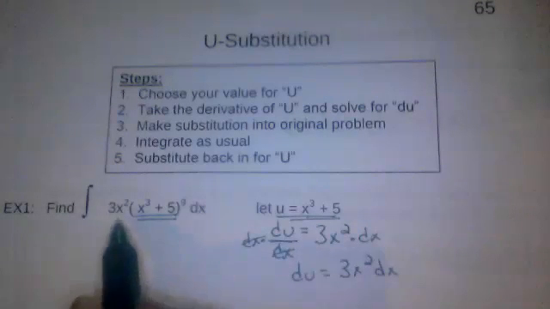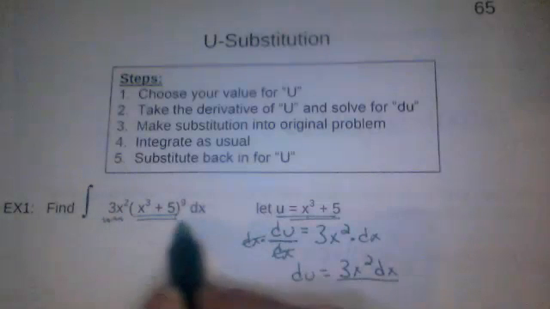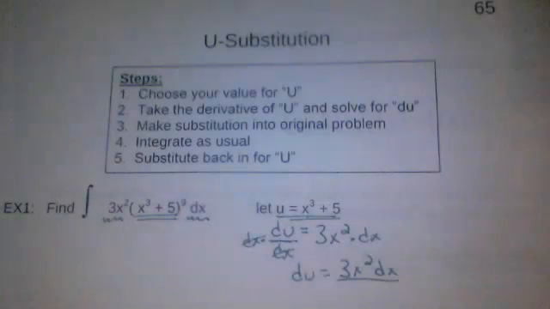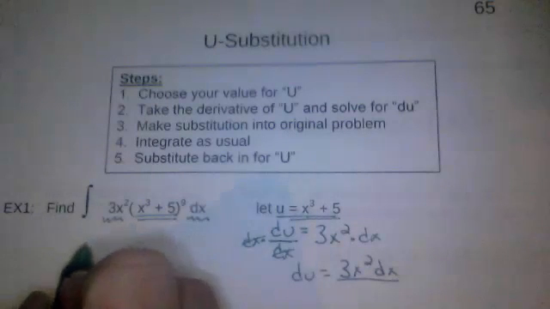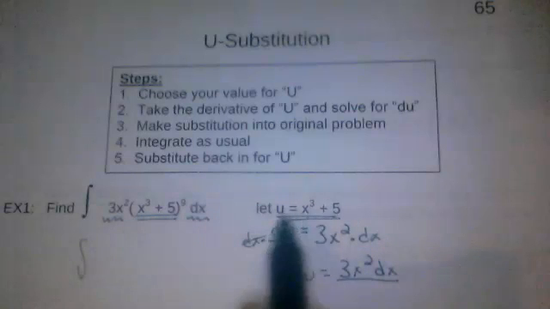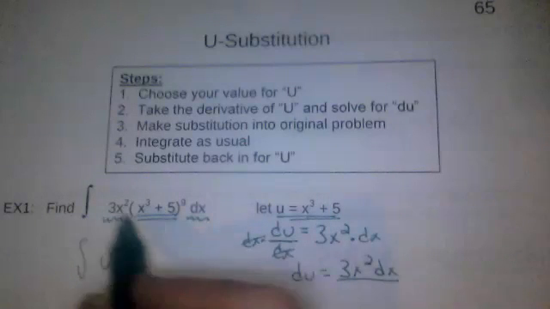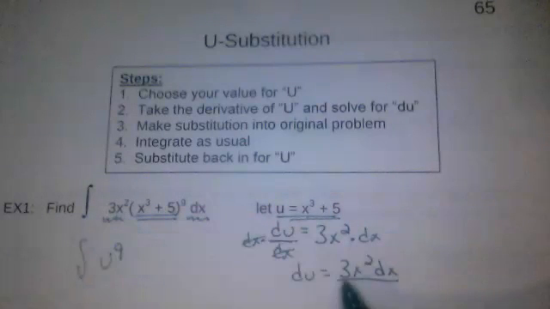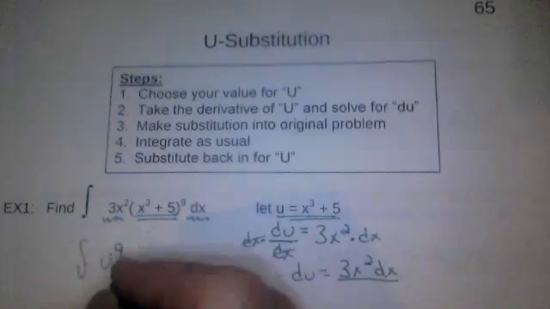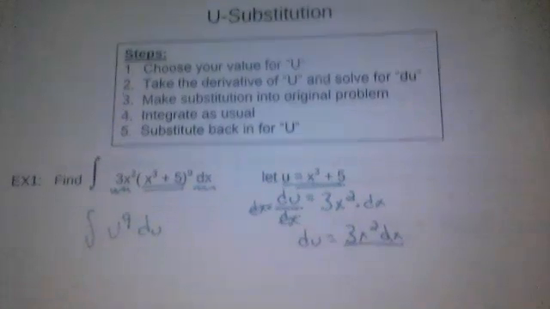So when we look over in our problem, 3x squared dx is right here. Now I'm going to take everything that I have and replace it with u values. This would be the integral of, this part was u, (x to the third plus 5) to the ninth, and then 3x squared dx is du. So I have the integral of u to the ninth du.